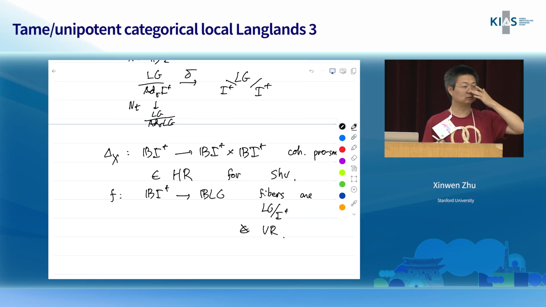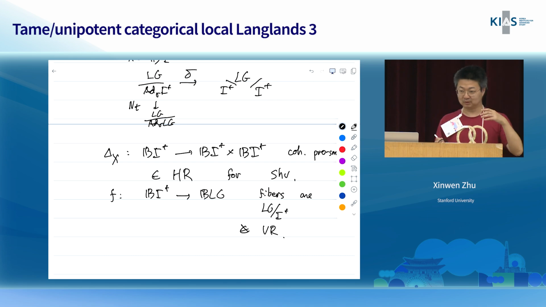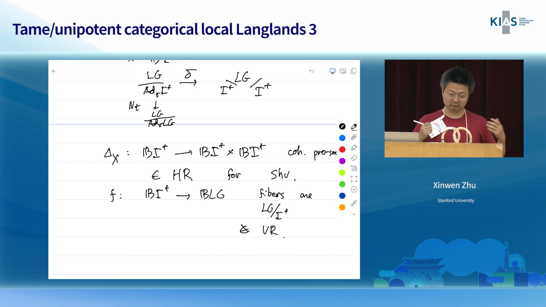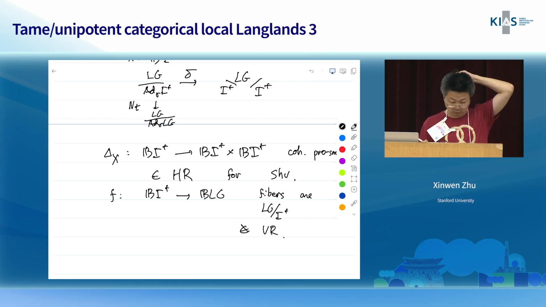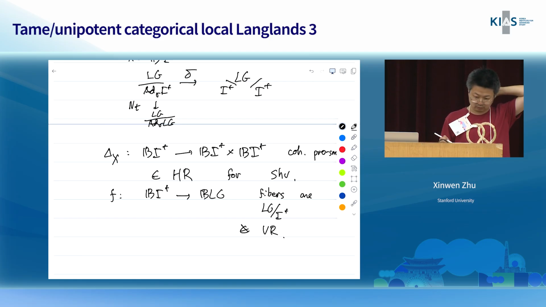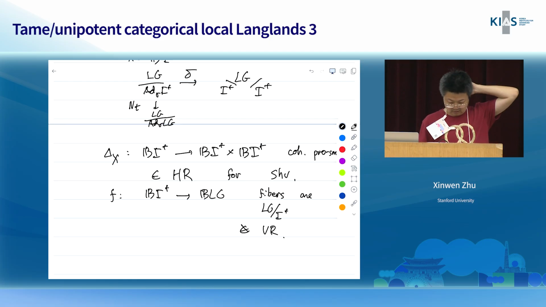So actually it's vertically right adjointable, and if I want to include all this, that accounts for the unipotent version. But if I account for the tame version, I wouldn't get this, you can't just directly apply the formalism.